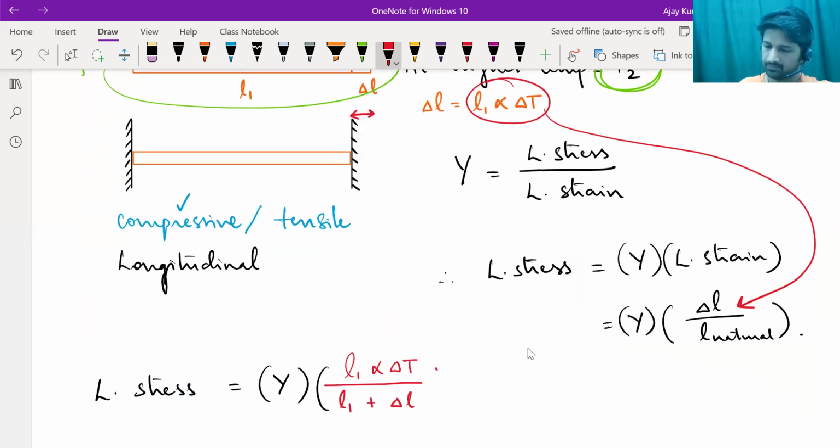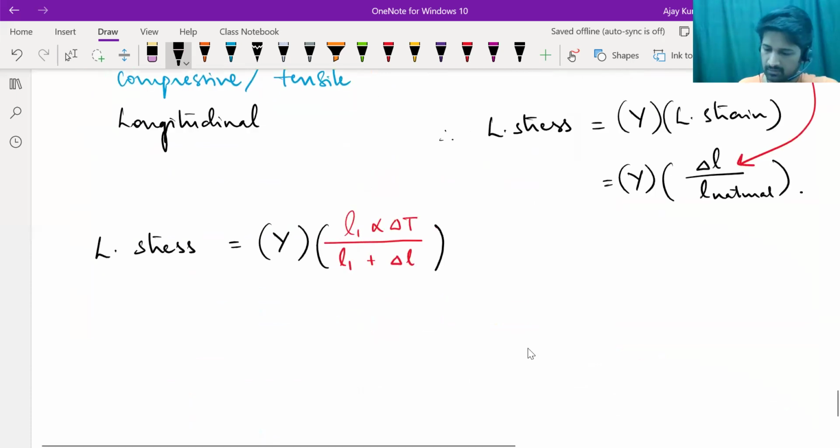Okay. This is the tricky point. Usually students in a hurry take the natural length as the original length L1. No. At the new temperature, when the rod is free and there is no stress on it, what length would it have assumed? That is what you call the natural length.